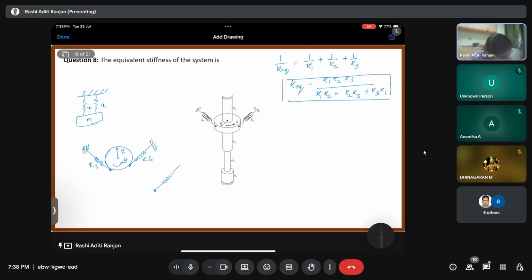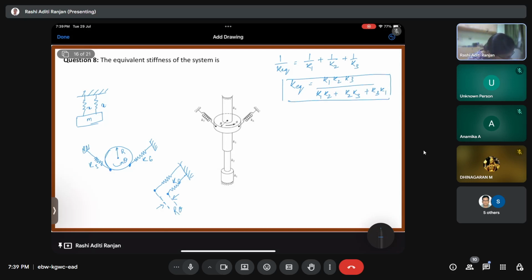So K6 will get compressed, something like this. By what amount? How much is this amount? It is nothing but r theta, because theta is small.